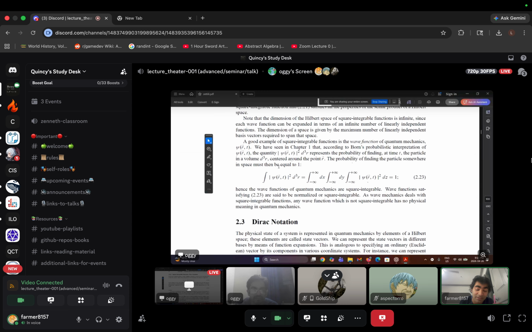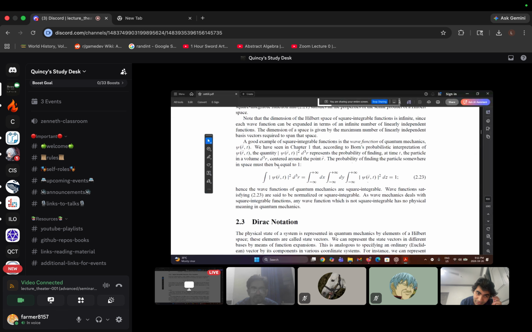So when we are talking about the wave function, when we integrate it over a certain volume, in this case the volume is the whole of space from negative infinity to positive infinity in each direction, then we get the probability of finding the particle in that space. And in this case, the probability will be 1 because we're checking the whole space.